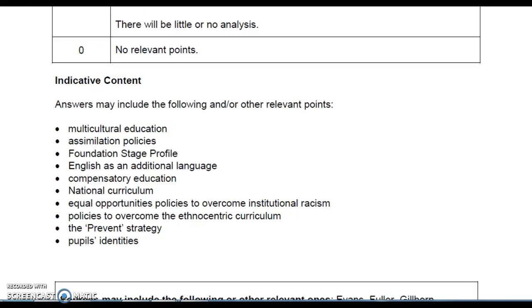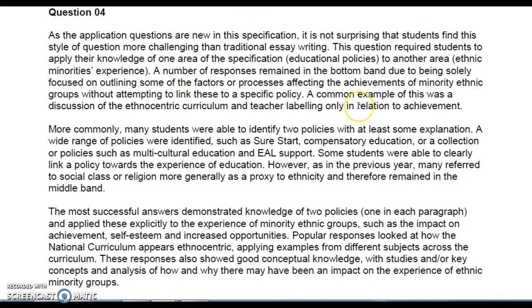Okay, so if we have a little bit of a look at the examiner comments for this question, students last year found it more challenging. It's requiring you to apply your knowledge of one area of the specification, in this case educational policies, to another area, which is ethnic minorities' experiences of school.